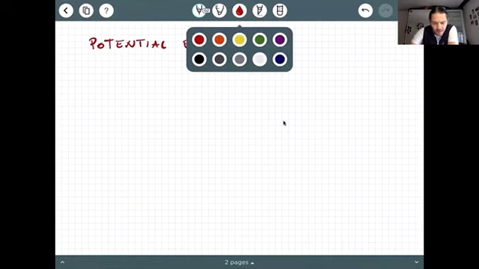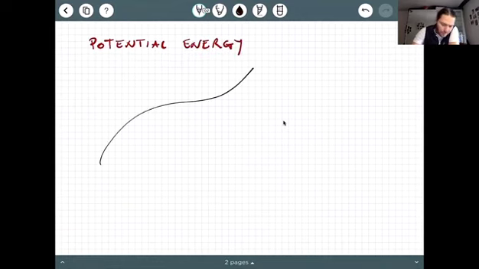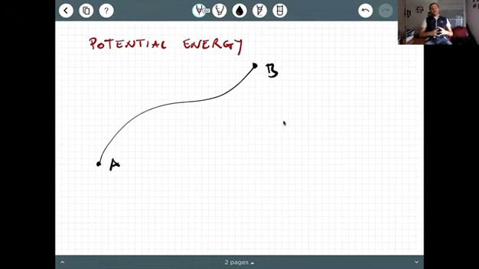So we discussed the concept of work from A to B, and we said that in general, this work depends on what path I take to go from A to B.